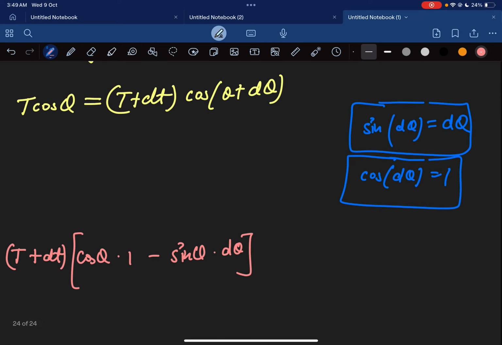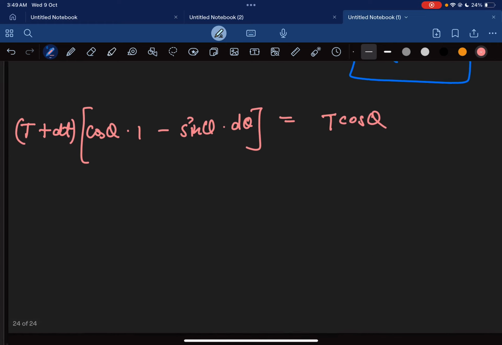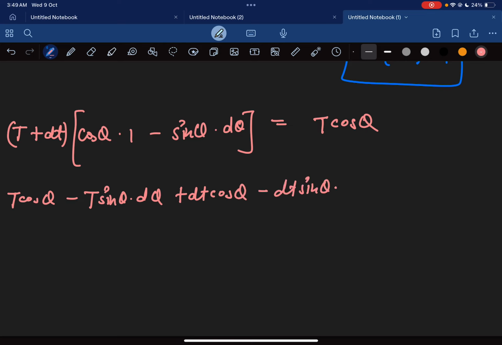Understand? Is equal to t cos theta. So just multiply it. It's t cos theta minus t sin theta into d theta plus dt cos theta minus dt sin theta into d theta is equal to t cos theta.